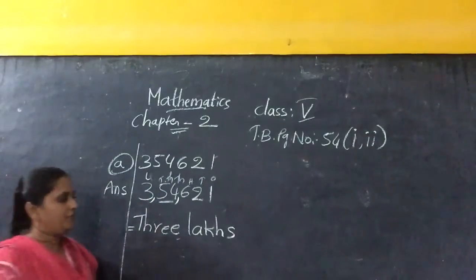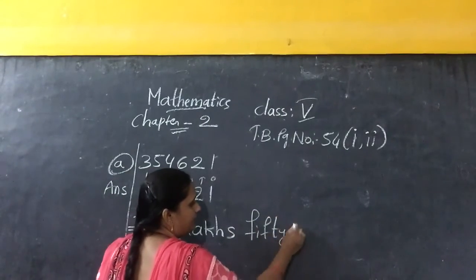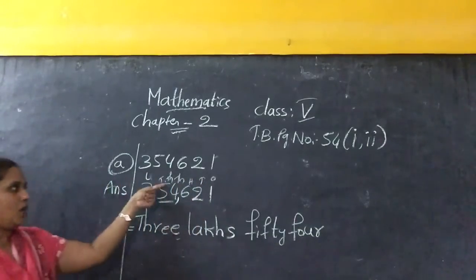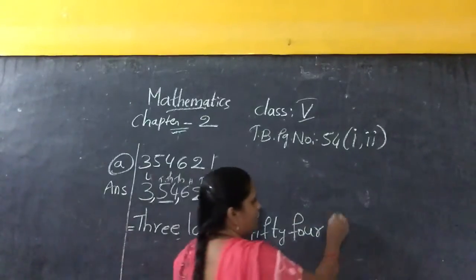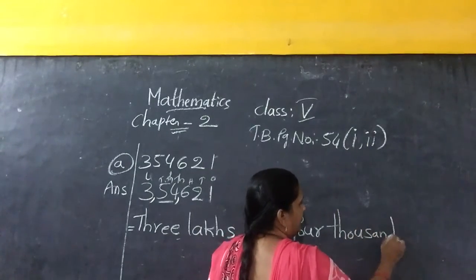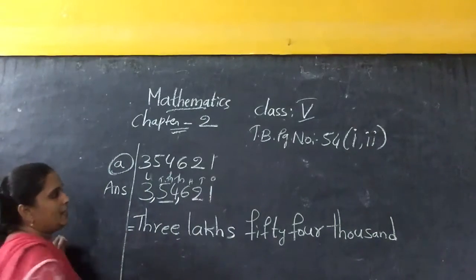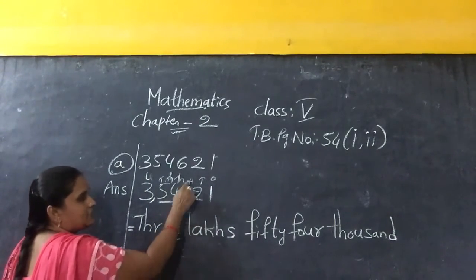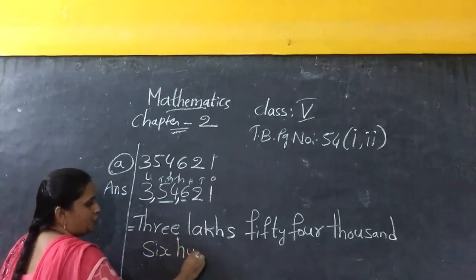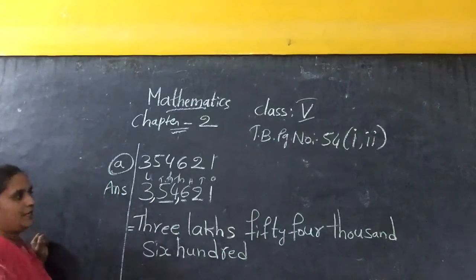So this is 54. Write FIFTY FOUR. In which place value? Thousands place value. So write THOUSAND. 54,000. After that, 6 is in the hundreds place, so write SIX HUNDRED. 600.